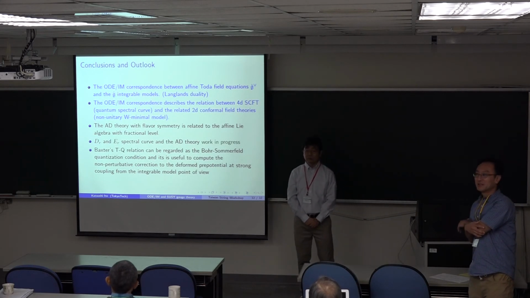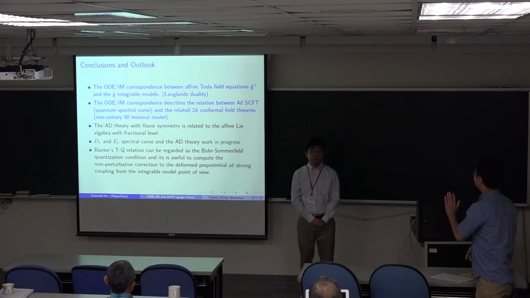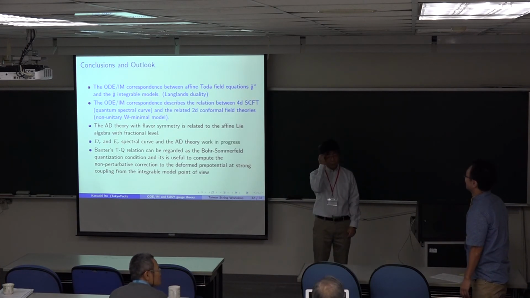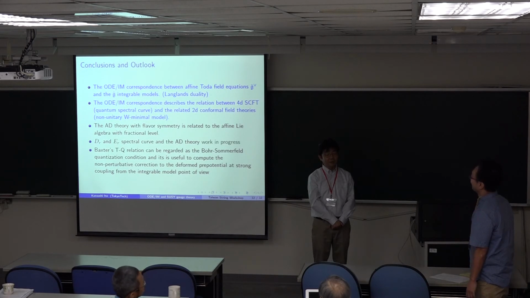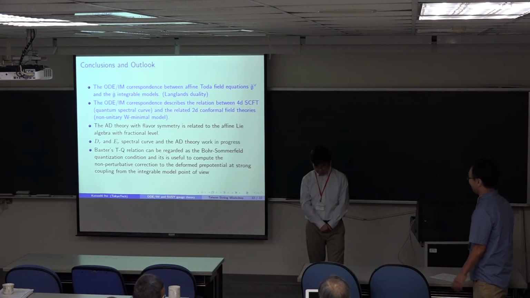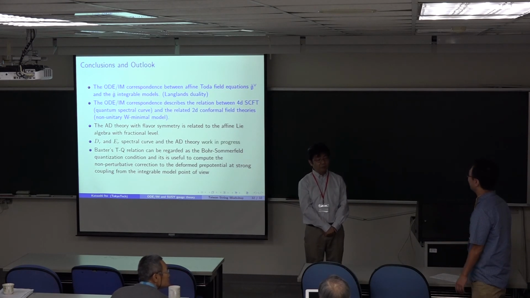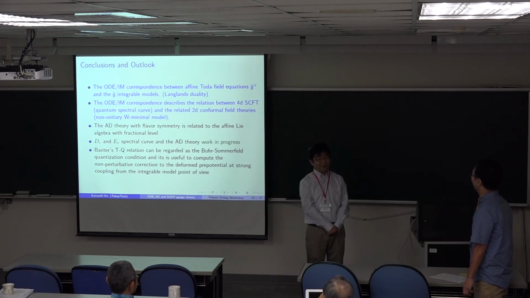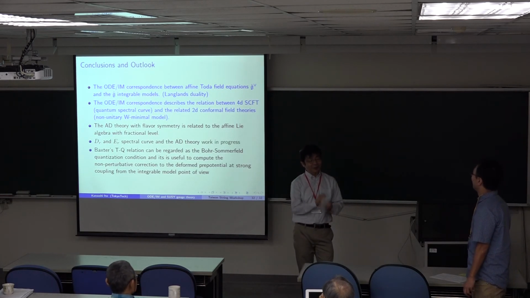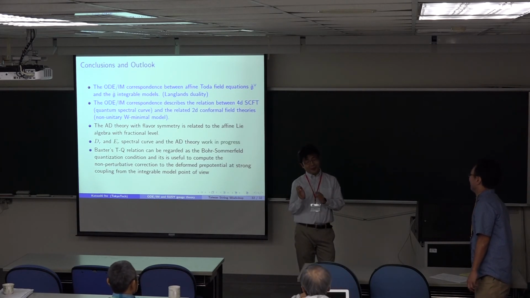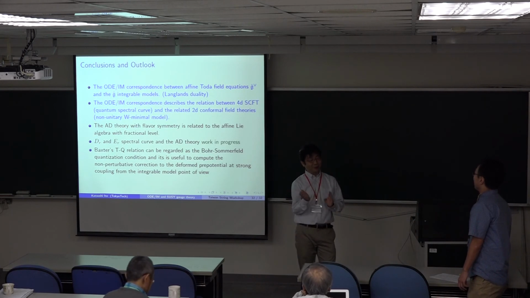Other questions? May I ask a non-expert question? There are a lot of ODEs, and today you focus on very specific ODEs. I expect that only those very special ODEs will correspond to each other. I want to understand that. For the class of ODEs associated with the affine Lie algebra, it certainly corresponds to a certain integrable model. But for other types, maybe there are integrable models but maybe unknown integrable models, I'm not sure.